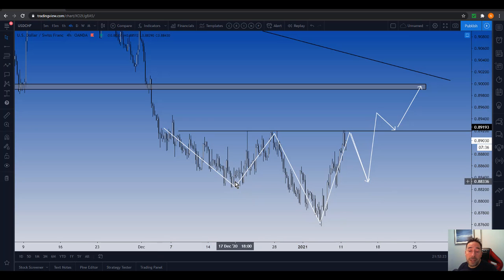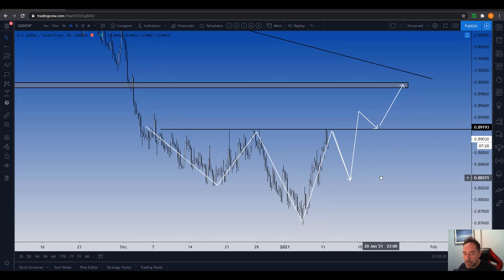So basically a low, a lower low, higher low, push up, break this neckline, retest it, and then look to go long here. So that's what potentially could happen. But either way, I'd still be looking for the break and retest of the neckline, this zone here, to look to go long on that.